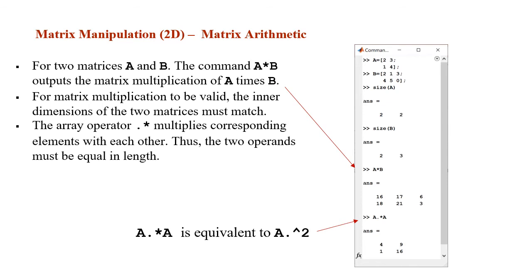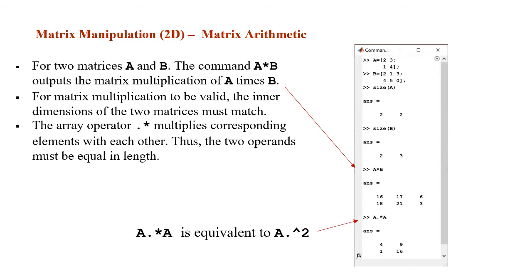Notice that A is of size 2 by 2, so matrix multiplication here is possible, but instead what we intend to do is to multiply each element in A with itself. So that's why we used the array operator or the element-wise operation.